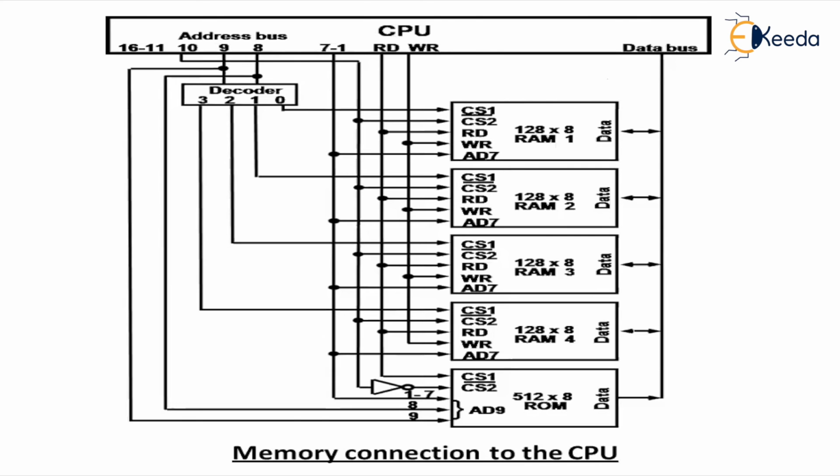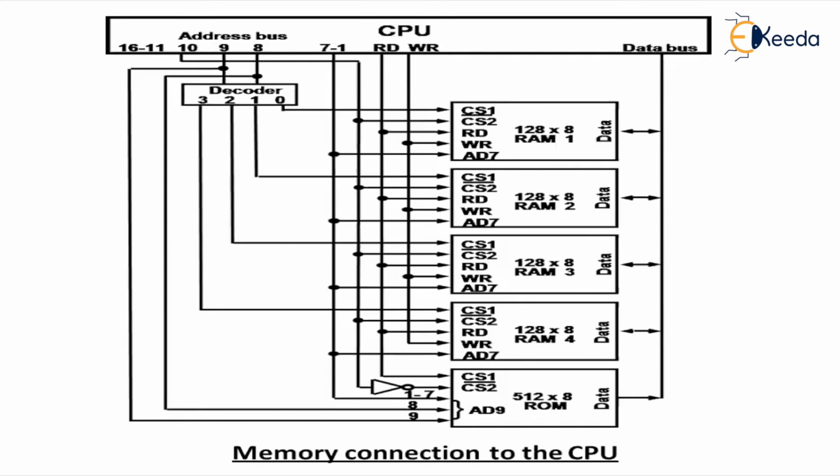We are aware that the CPU is connected with the address bus, data bus, and read and write signals, which are called RD and WR. RD stands for read, WR stands for write. Then we have RAM 1, RAM 2, RAM 3, RAM 4, and then the ROM.